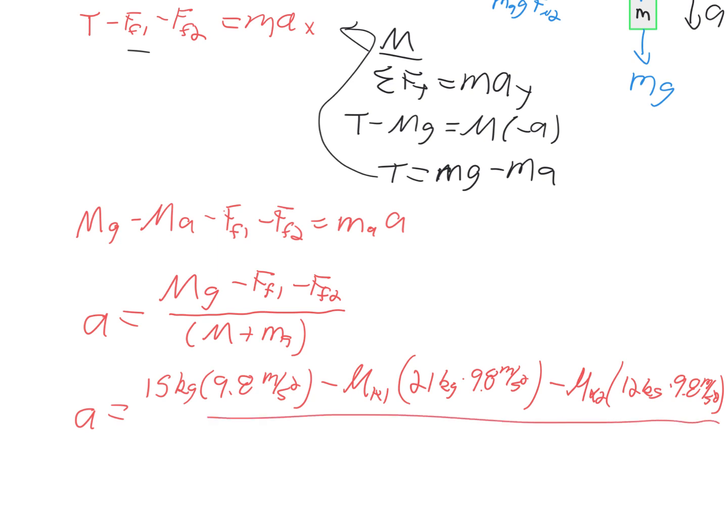And you get all of that divided by the 15 kilogram mass plus the 9 kilograms. And that altogether should give you your net acceleration of the system, which again, if all the numbers come out correctly, should be 3.37 meters per second squared.